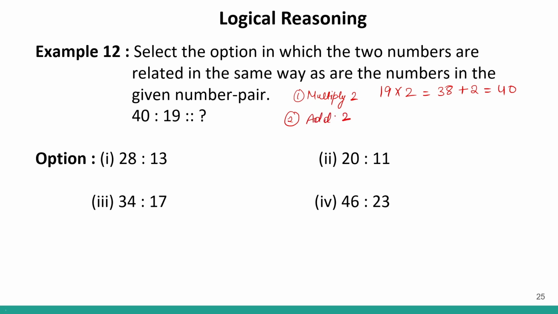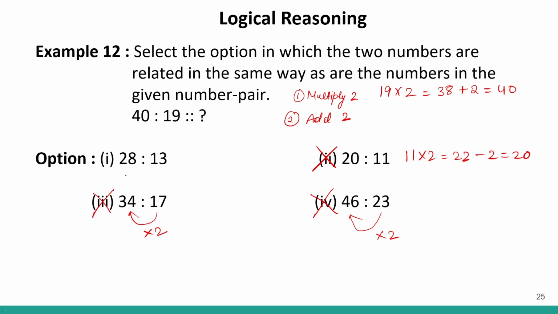Only these operations are being done. So let us see if I do it on some number, will I get the answer or not? So over here, 11 into 2 will give me 22, and minus 2 will give me 20. So this is not the same logic. And 23 into 2 will give me 46. So obviously not the same logic. Similarly, 17 into 2 will give me 34. So not the same logic.